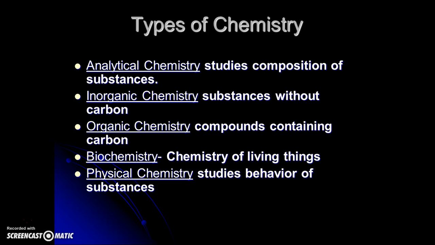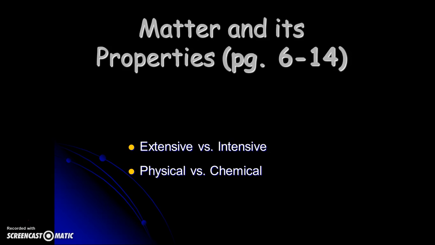And you will do quite a bit of physical chemistry in the labs this year, as well as in other certain calculations. So these are all 5 areas: analytical, inorganic chemistry, organic chemistry, biochemistry, and physical chemistry. The basis.